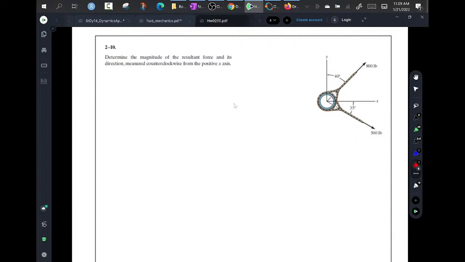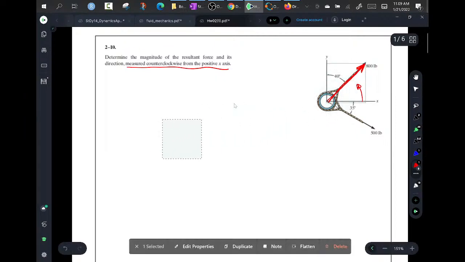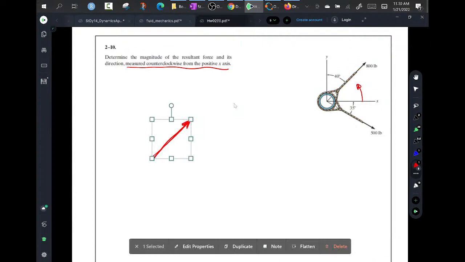So it says determine the magnitude of the resultant force and its direction measured counterclockwise from the positive axis. So, if I were to try to make it reasonably accurate, I would take that vector, move it over here, and then, okay, so if this is 800, the length of this one should be shorter.